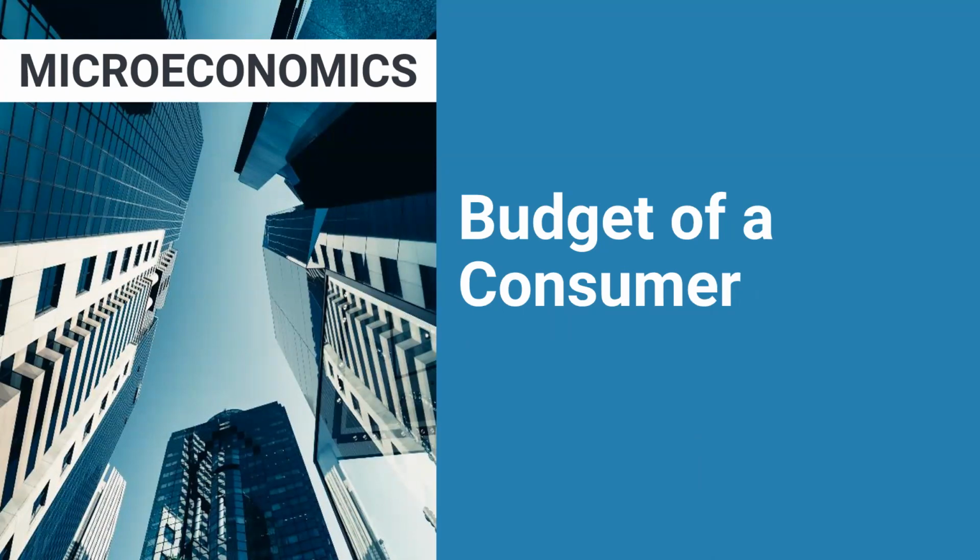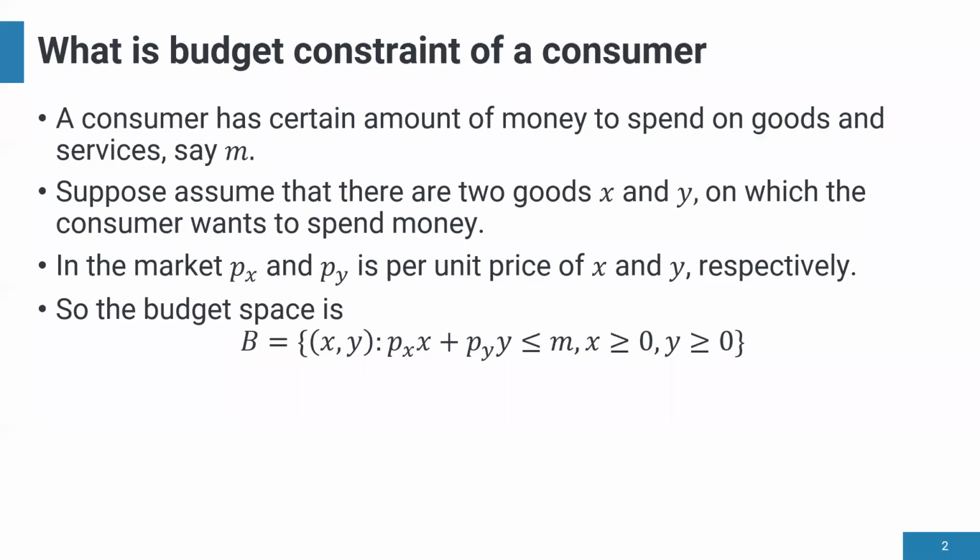Okay. So the first thing is, what is the budget constraint of a consumer? First of all, we have to see how much amount of money the consumer actually has to spend.